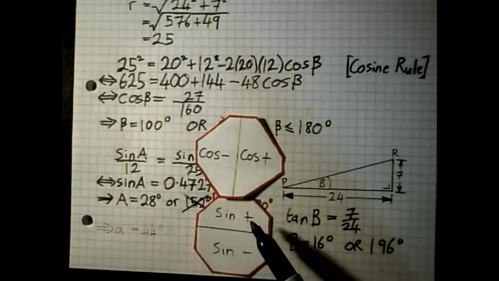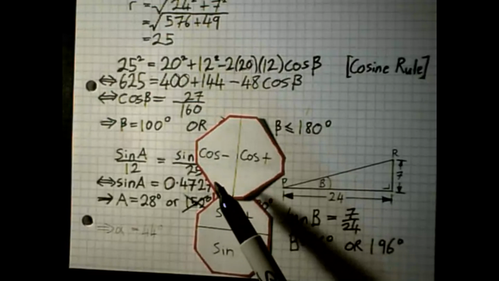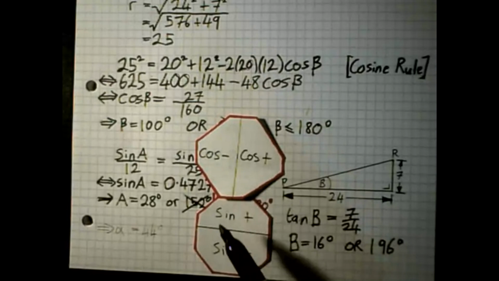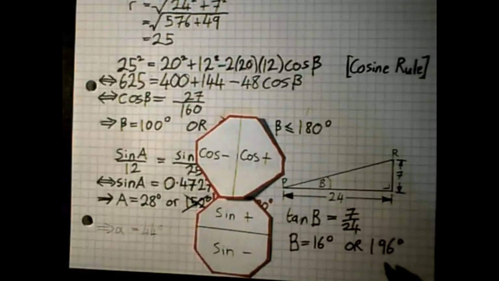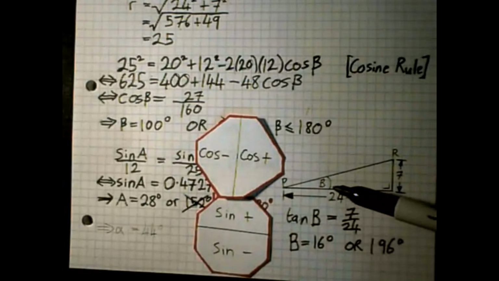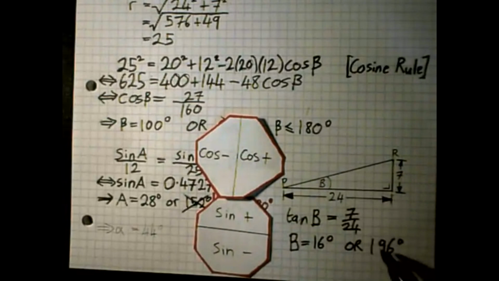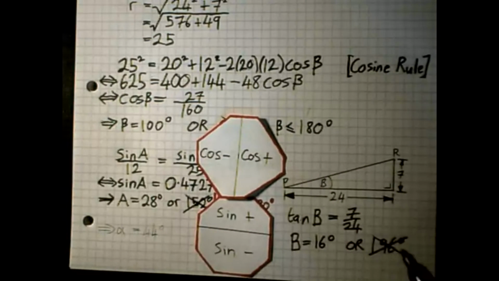Remember, tan is sine divided by cos. And this situation here where cos is negative and sine is also negative, so a negative divided by a negative will get me positive as well. So that gets me b is 16 or 196. Now of course b is an internal angle of a triangle, so 196 does not count.